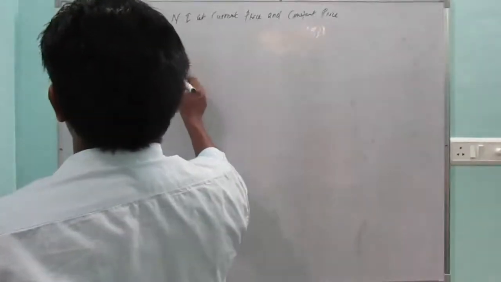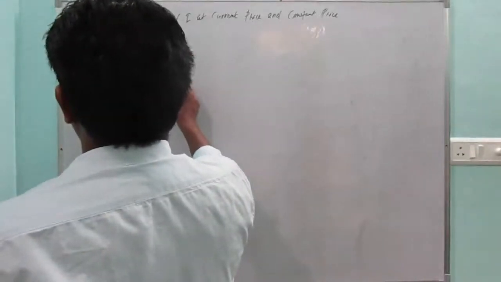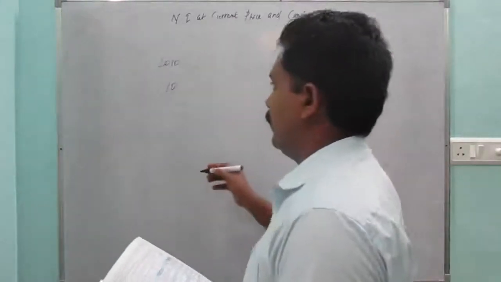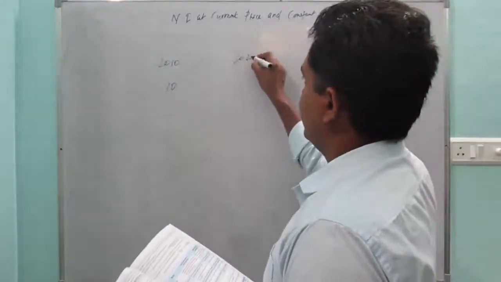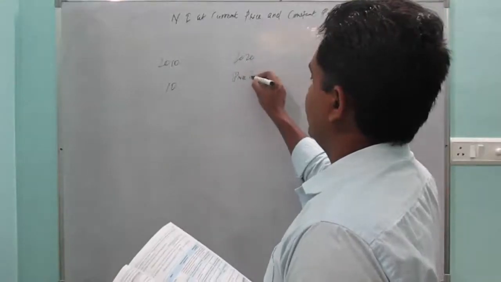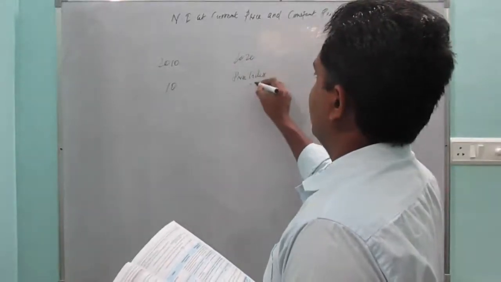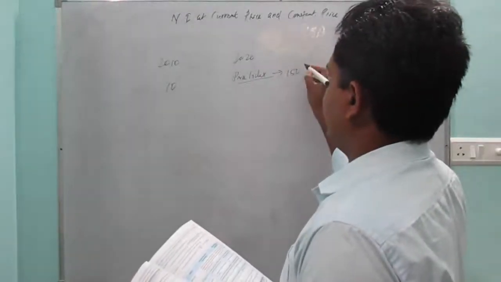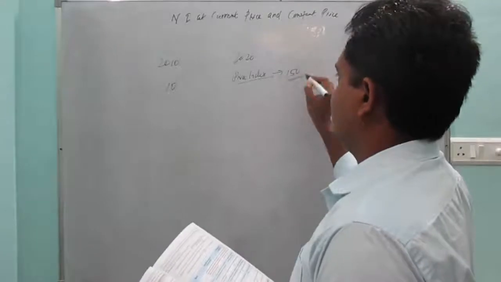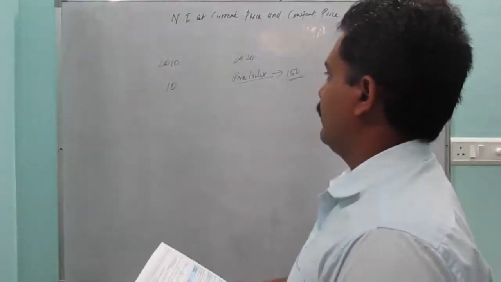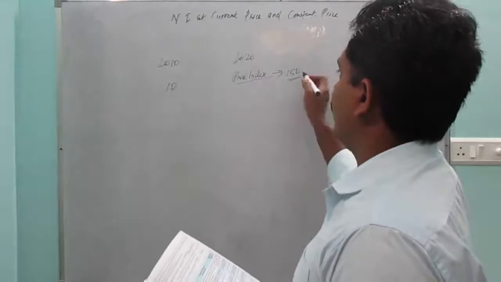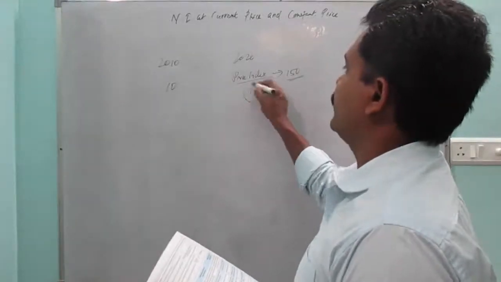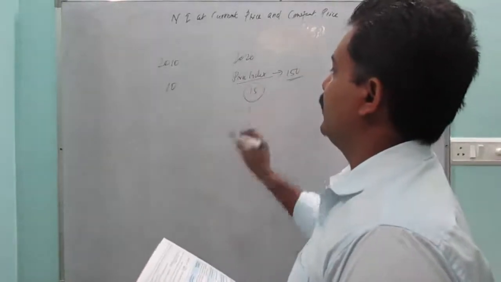For example, if the 2010 rate is 10 rupees, and by 2020 the price index says it is 150, then it will be above 100, and 15 rupees will be today's price.